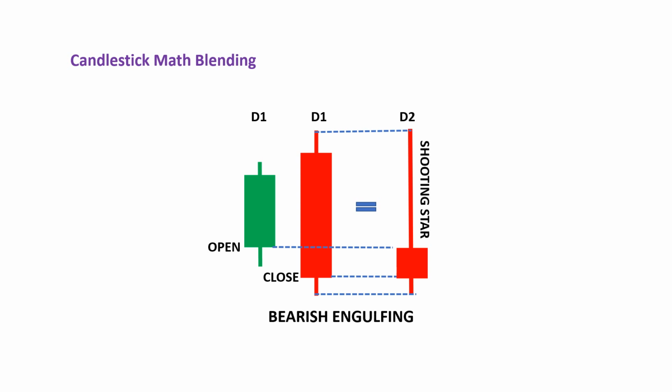It means you can replace these two one-day candles by a shooting star with a 2 days time frame. So if the bearish engulfing is a bearish reversal, so is the shooting star. And both of them are very strong.